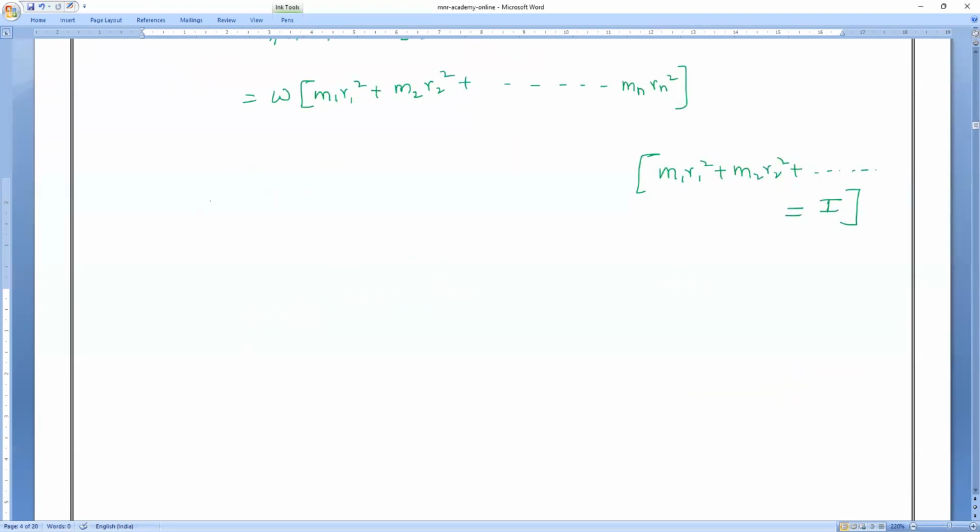So the angular momentum of a purely rotating body is equal to I omega. That's all it is.